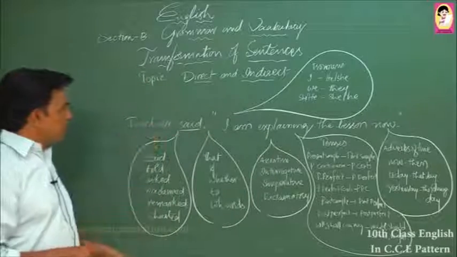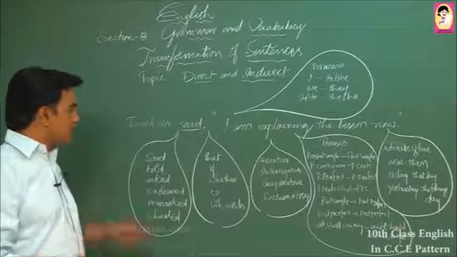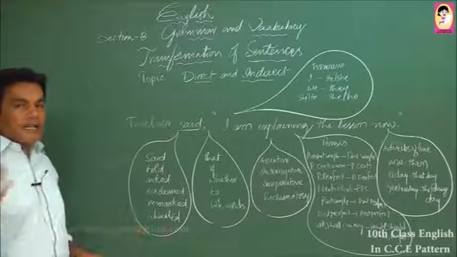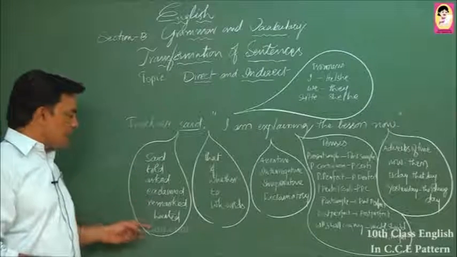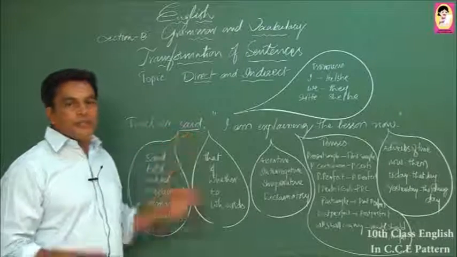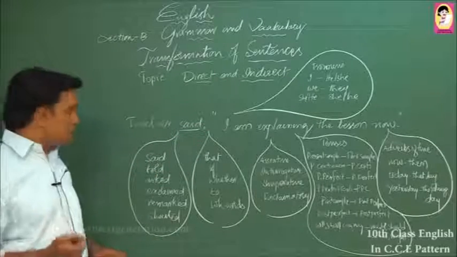When you look at the reporting verb, the reporting verb need not be the same all the time, it can change, and the change of words I have given here, these are few, and you have a number of other words: said, told, asked, exclaimed, remarked, shouted. So you can use any word instead of this. You should not consider that all the time only said will be used. No, it's not.